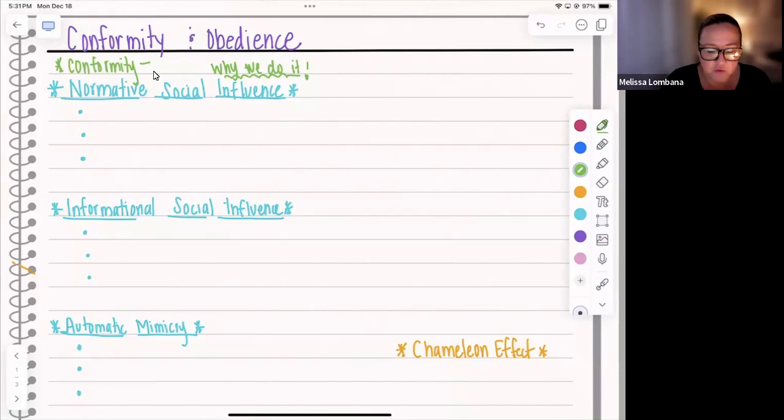Then I want you, under conformity, to continue writing. Next little bullet is, people, everybody in general, tend to adopt their behaviors or their attitudes and beliefs of the norm of that group, okay?